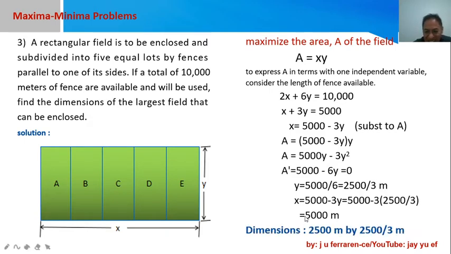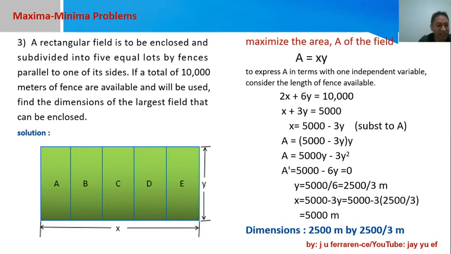So this is corrected in my dimension here: 2,500 meters by 2,500 over 3 meters being my dimension. Please bear with me a little, I missed editing this part.